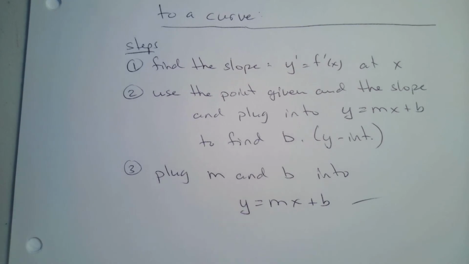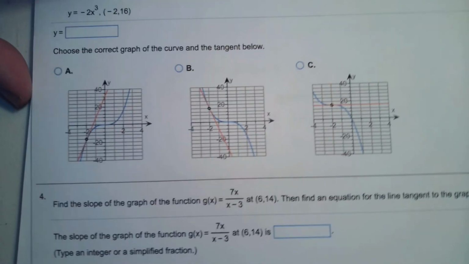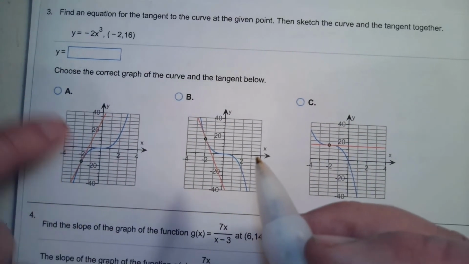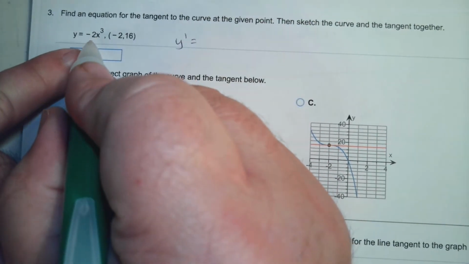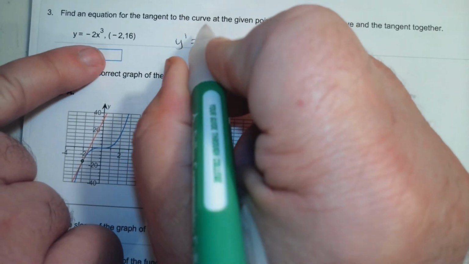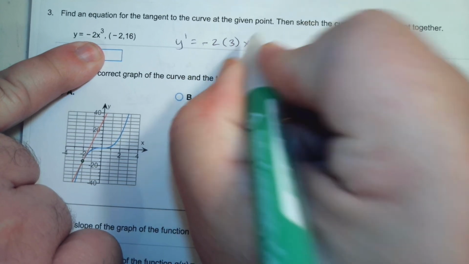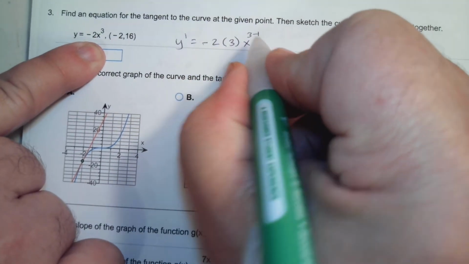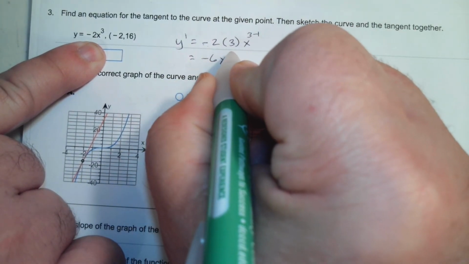All right, so let's look at our example here. The derivative of ours, since it's only one term, I have a -2. I bring down the power and then subtract 1 from the exponent. So -6x squared.